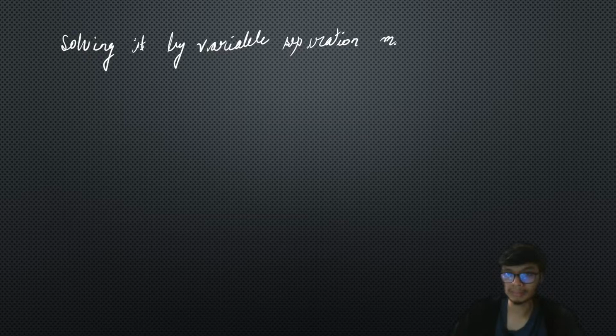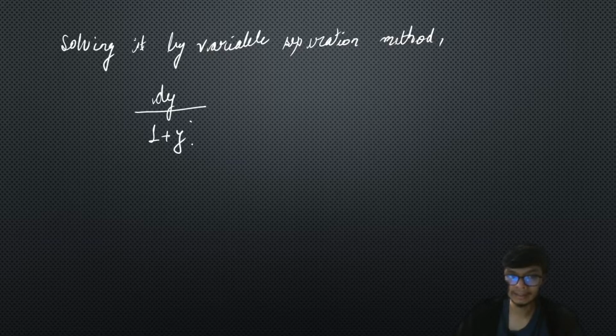So with the variable separation method, you can proceed with the y part on the y side. I will take dy divided by 1 plus y with the y part, and I will keep 1 plus x with the dx part.